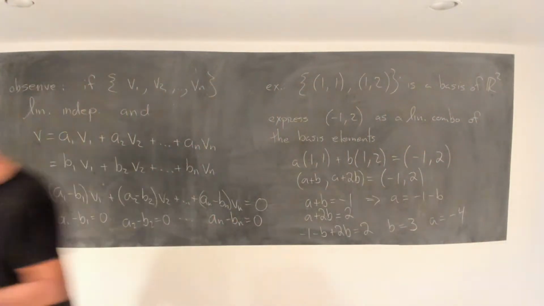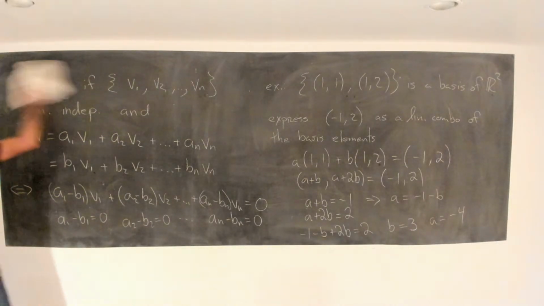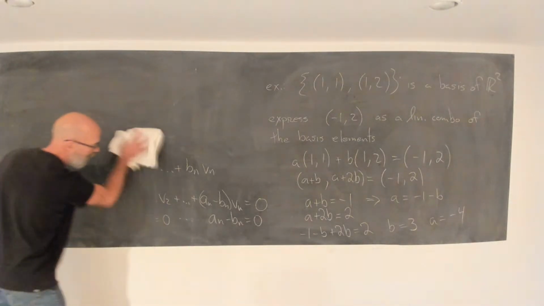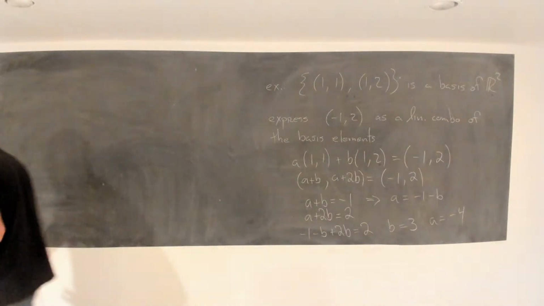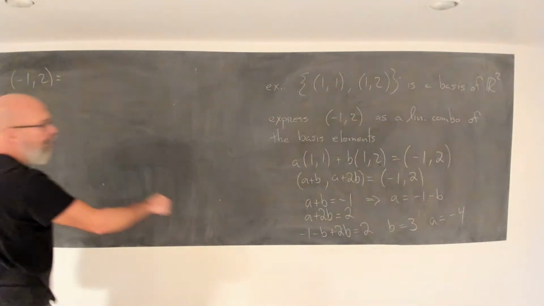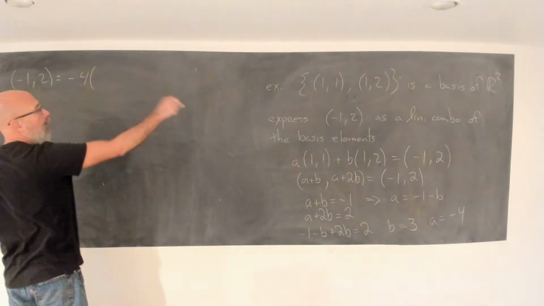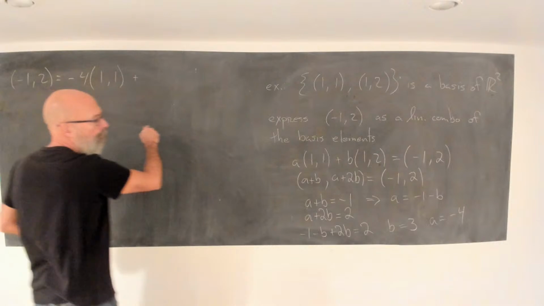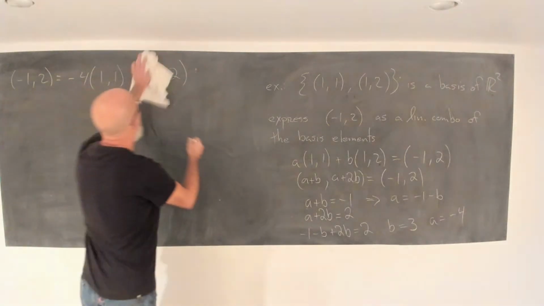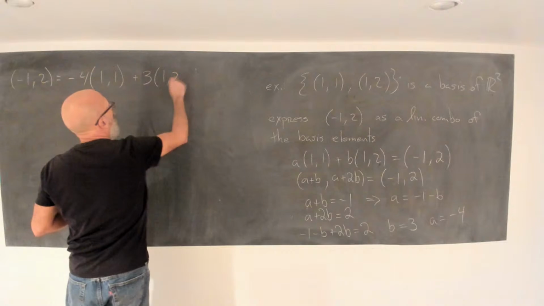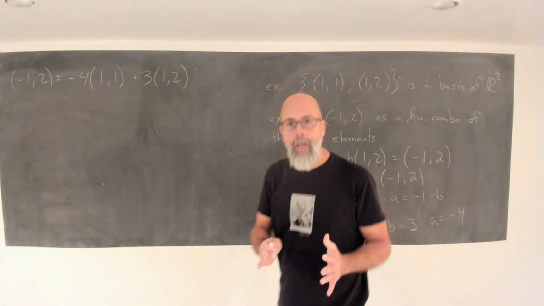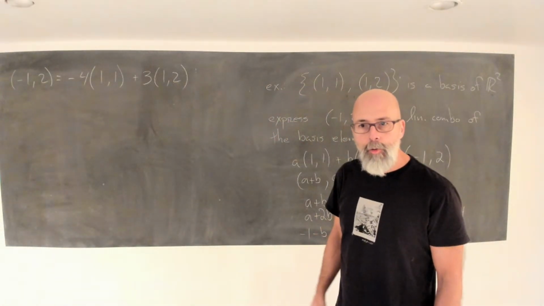Right? So what are we saying? We're saying that minus 1, 2 is minus 4 times the first basis element plus 3 times the second, and by our previous observation, this is the only way to write the vector minus 1, 2.